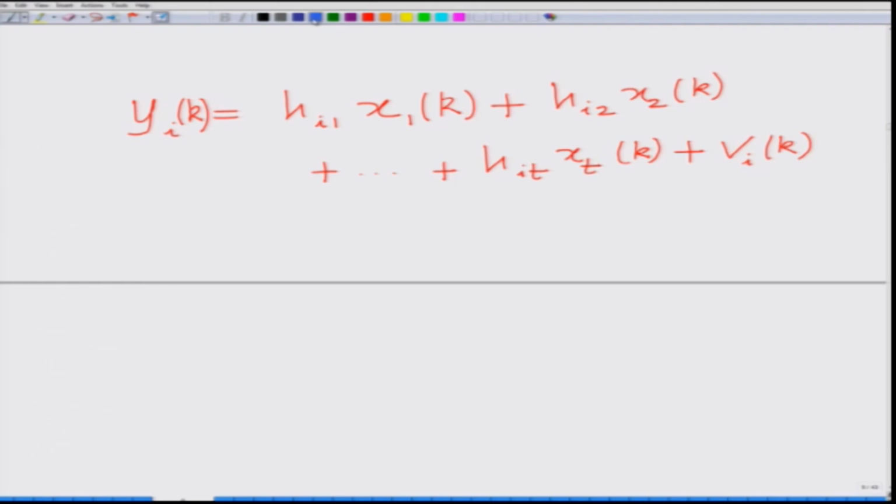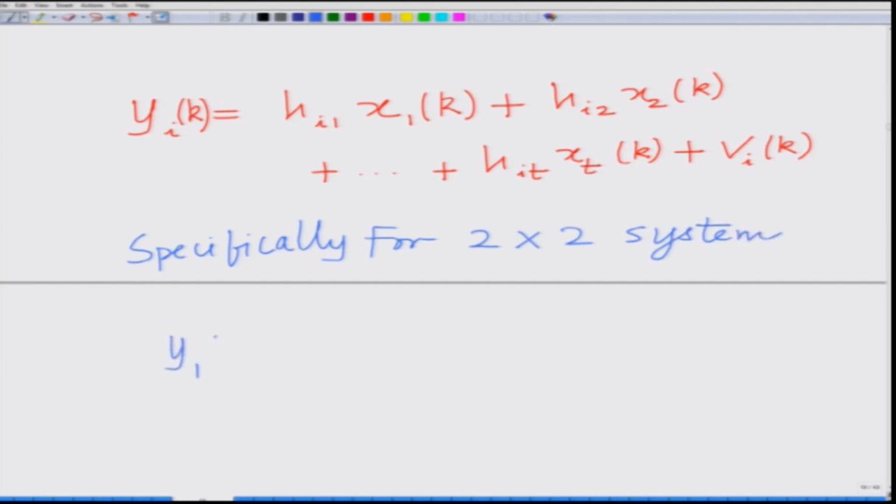Specifically, we have y1 of k on receive antenna 1 is h11 times x1 k plus h12 times x2 k plus v1 k.